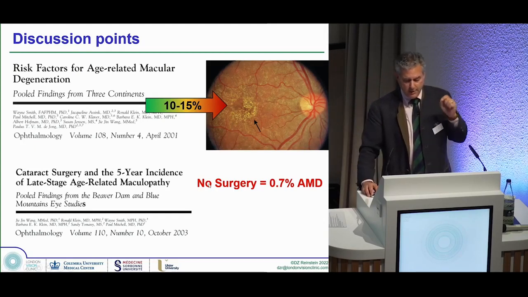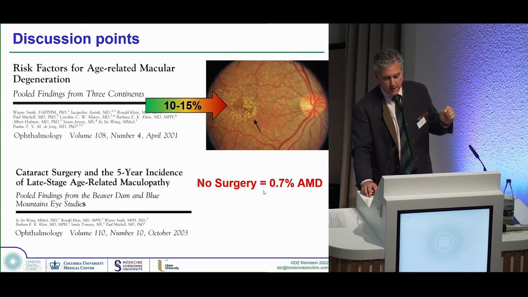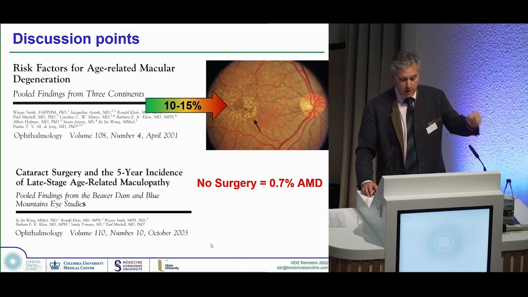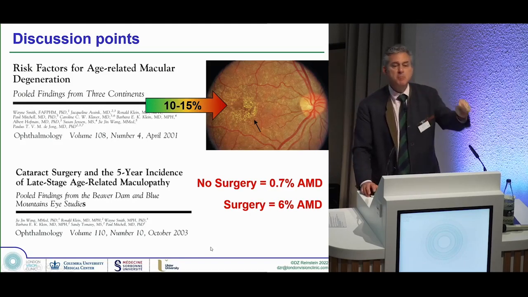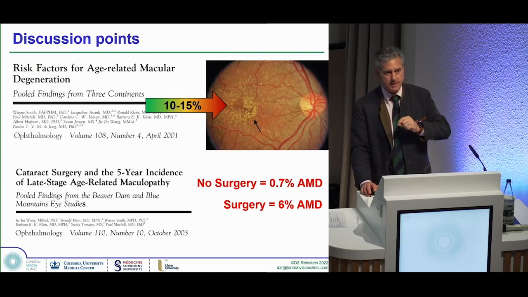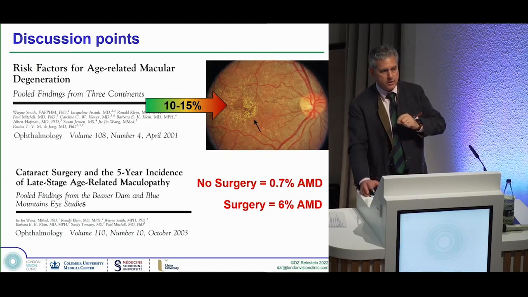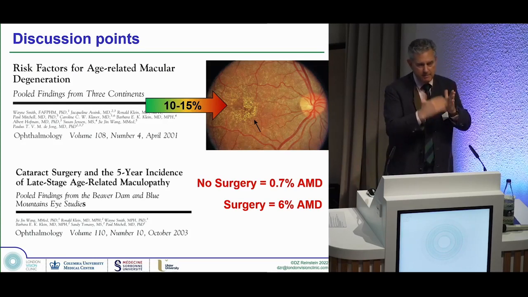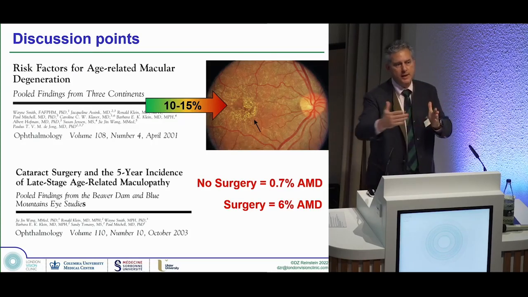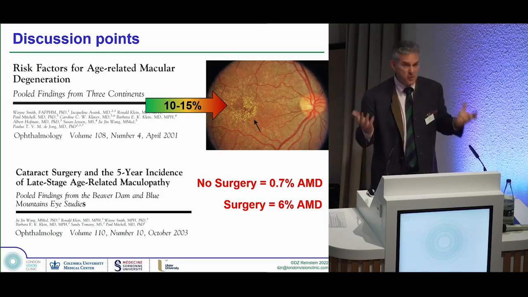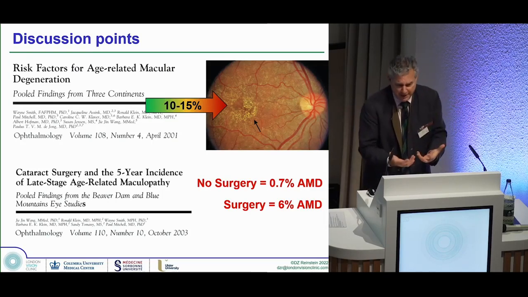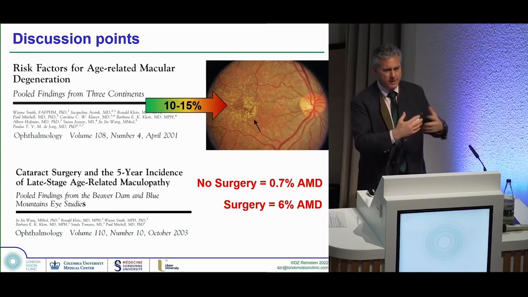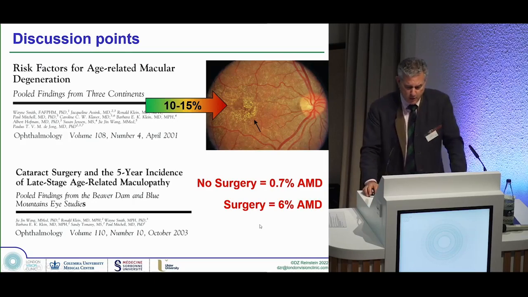Those who did not have cataract surgery, 0.7% of them developed AMD. Those who had phaco, 6% developed AMD. So the implication here is that phaco itself may be a catalyst for accelerating AMD. And it's not a stretch to imagine why that would be, particularly if the vitreous is attached and you're starting to mess around with things that could affect blood flow and whatever around Bruch's.